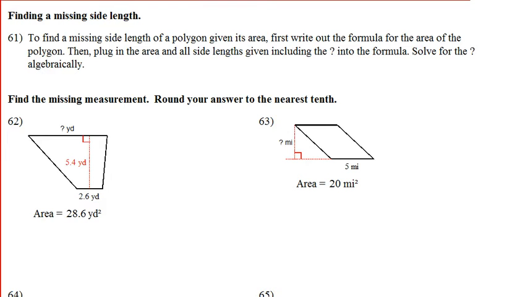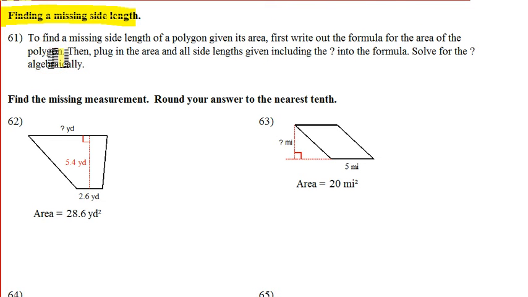And this section is on finding a missing side length. We're going to find a missing side length here. To find a missing side length, we are going to be given its area. It's written down here on the bottom of every problem. You can look and see area equals, area equals. We're going to be given its area. We need to first write out the formula for the area of the polygon.